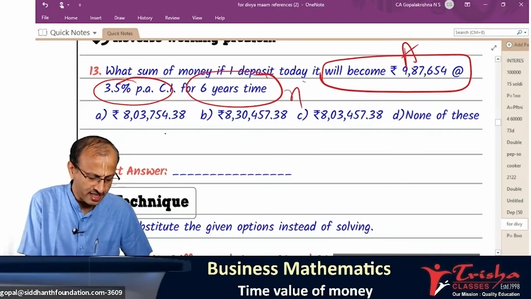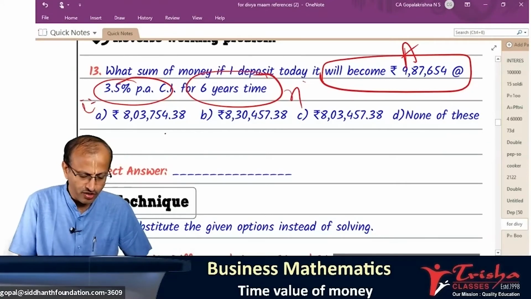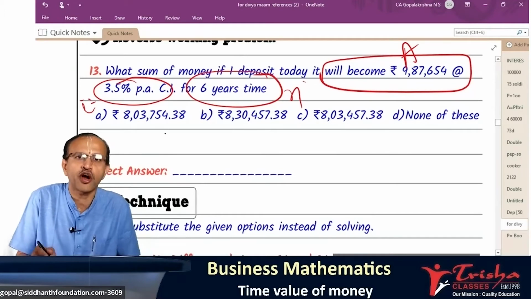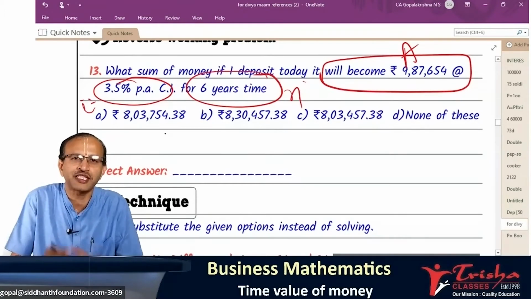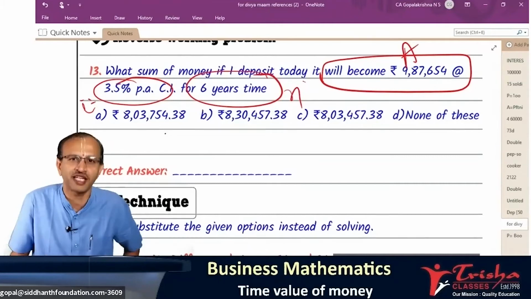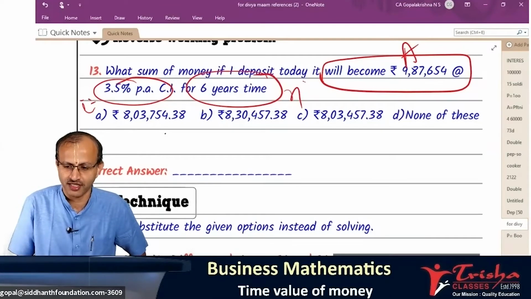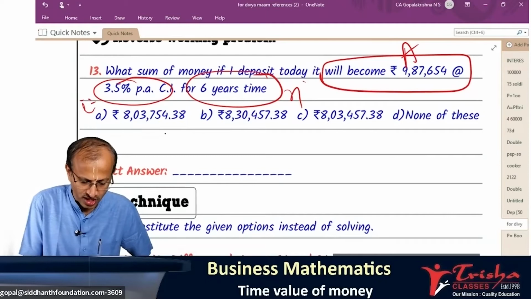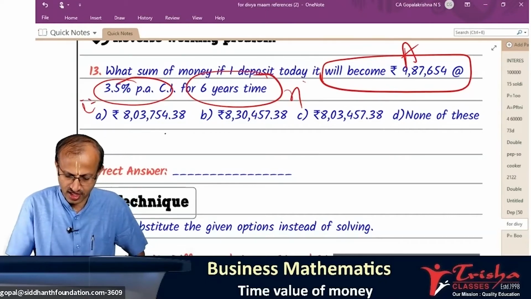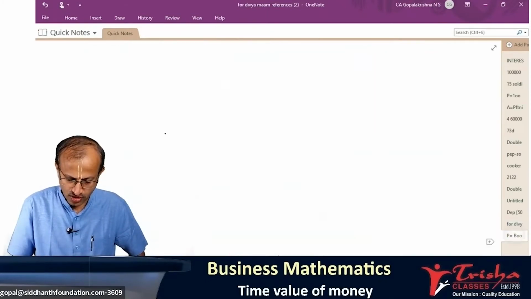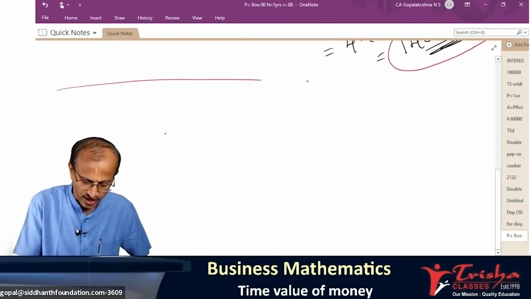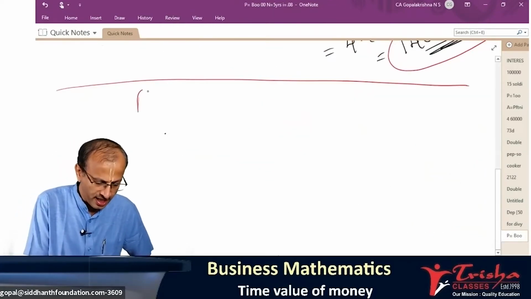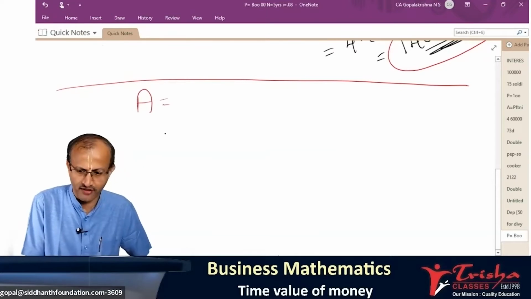This is N, and I is here. So we have to work out what sum of money you have to put in today. What is your deposit today? What is the principal today? What is the present money? So P is the question mark. Write it in your notebook. I'll go to the next question. A is given. What is the A value?